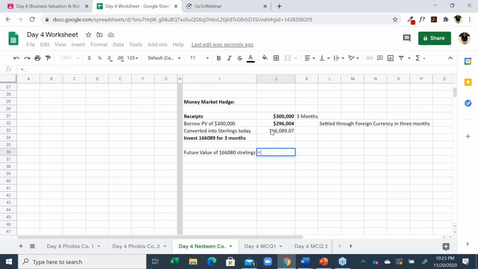Okay, the amount is 1,66089 into 1 plus 4.6% divided by 4 to get the per quarter rate, raised to the power 1. It should always be 1. That's it. And that's sterlings in 3 months' time. So what are we going to have after 3 months in pound sterling? This is the amount that we are going to have in pound sterlings.